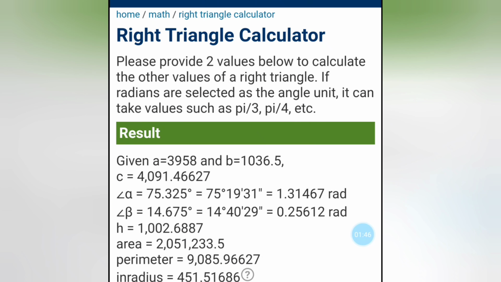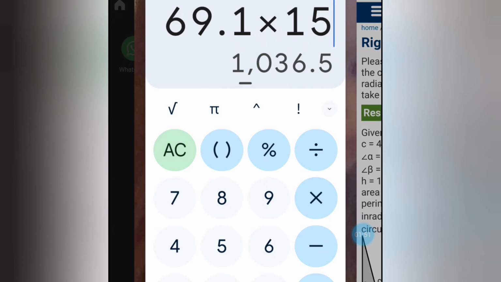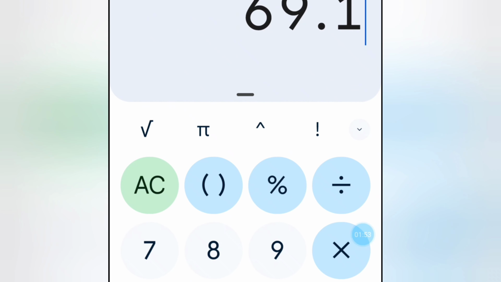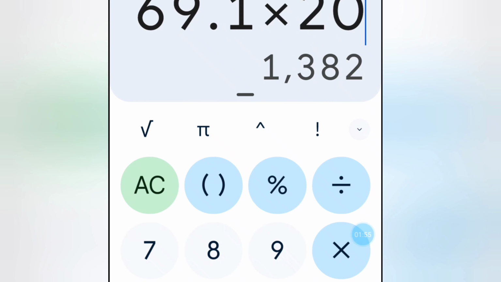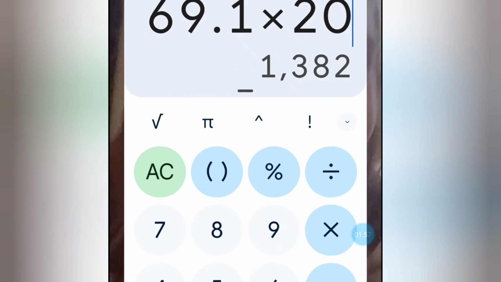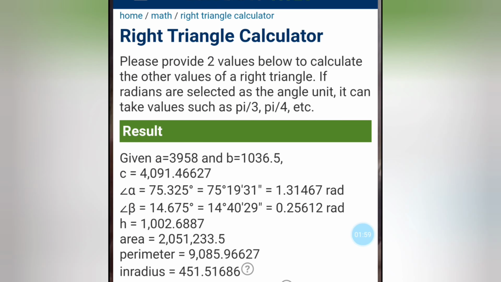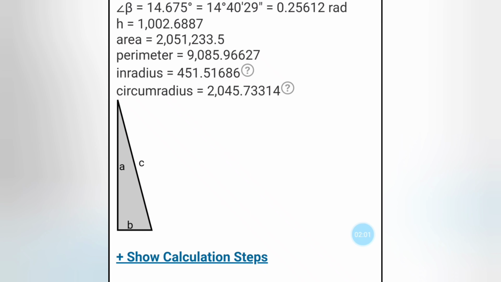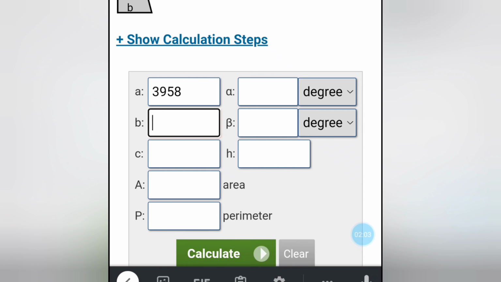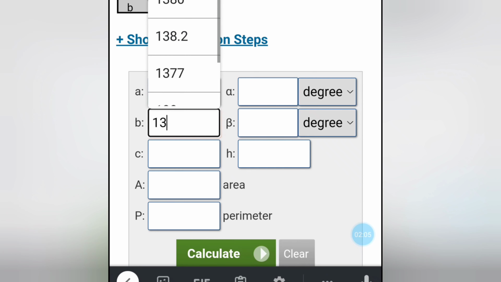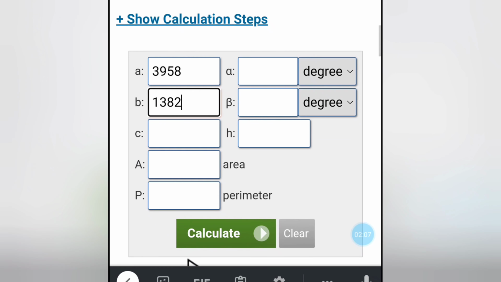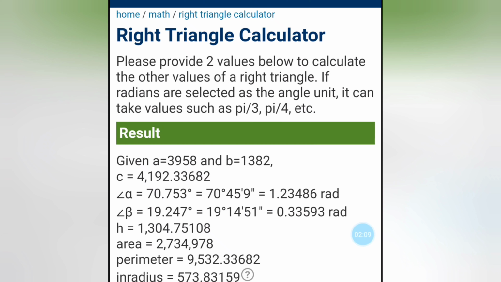Right on the dot. Okay, let's try and do 20 degrees. So 20 times 69.1. And let's see if we're still moving a degree every 69.1 miles. Let's see, 1382. 1382 and calculate, and 70 degrees.